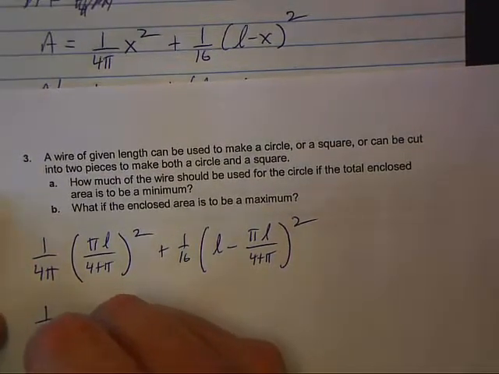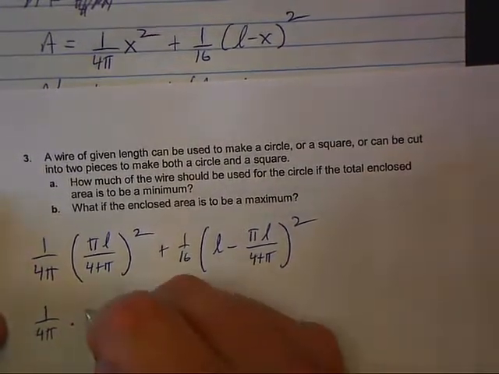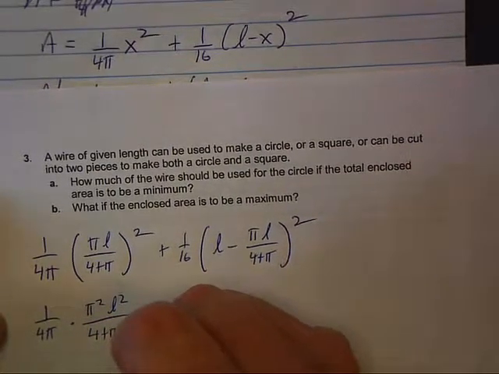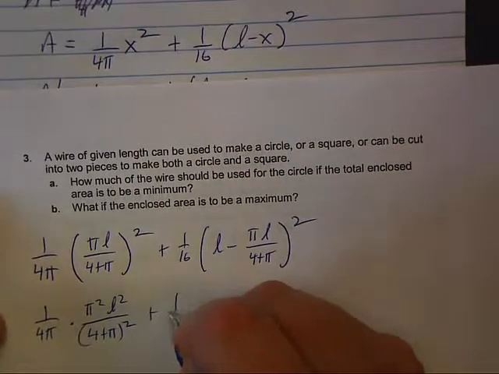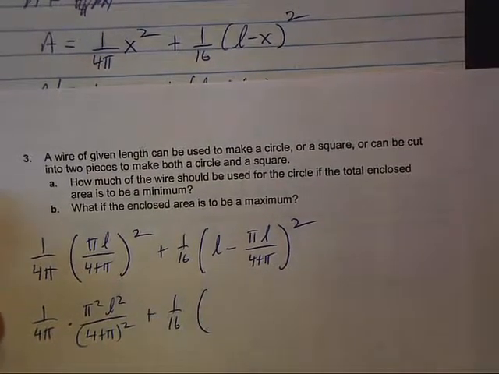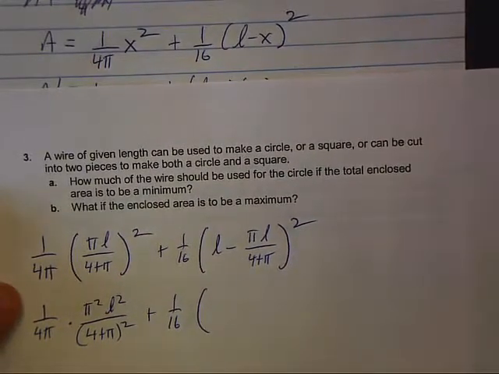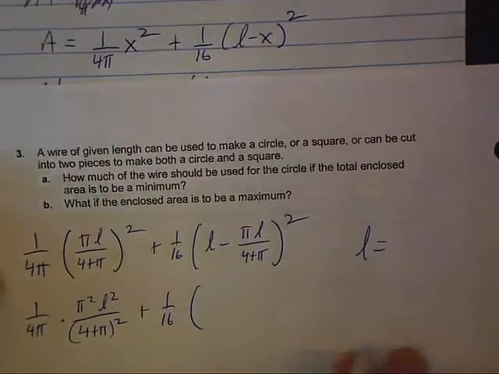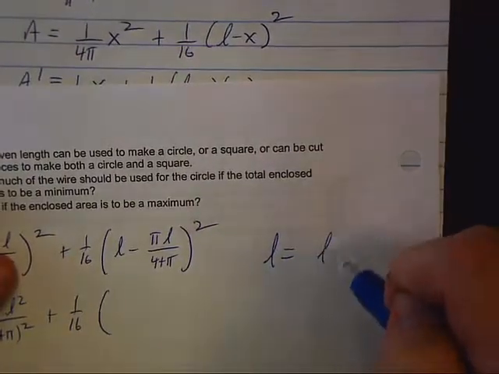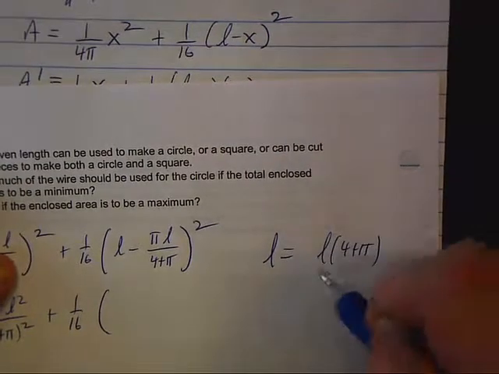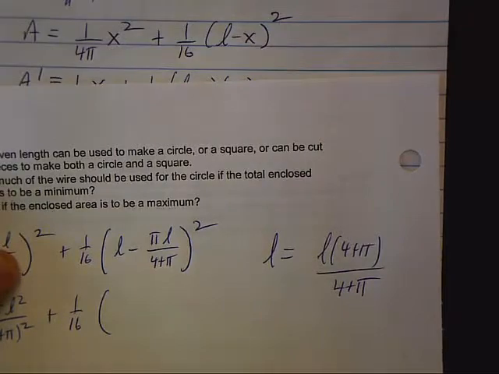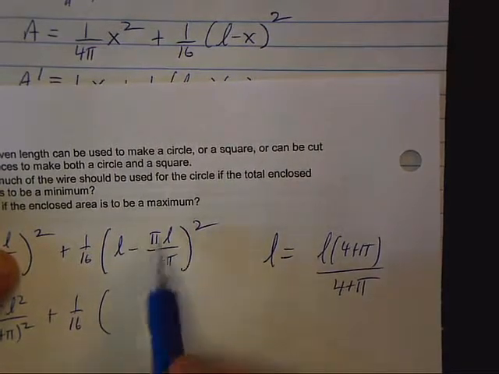This is 1 over 4 pi times pi squared L squared over 4 plus pi squared, plus 1 over 16 times, and here I need to get a common denominator. So I'm going to write L as L times 4 plus pi over 4 plus pi, and then subtract this thing over here.